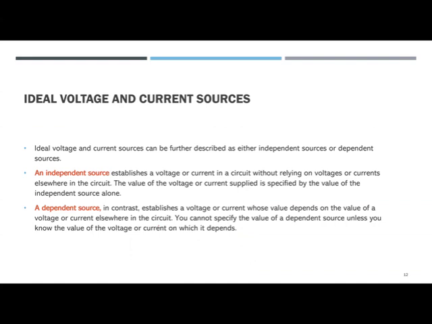In the previous two slides we'll learn about dependent sources, but from these slides we're going to learn about independent sources. Independent or dependent depends on the source type. An independent source establishes a voltage or current in a circuit without relying on voltages or currents elsewhere in the circuit.